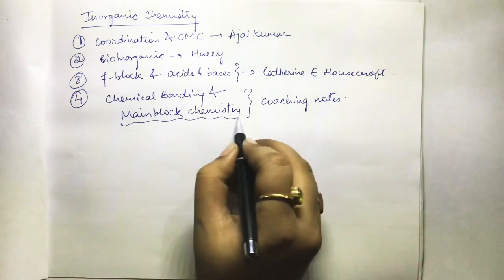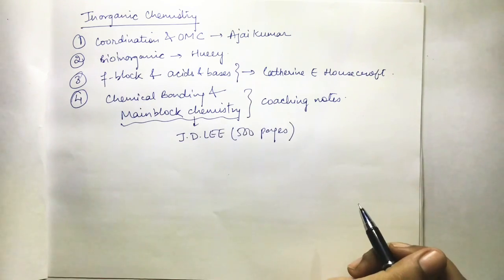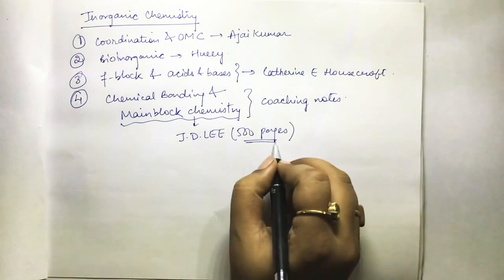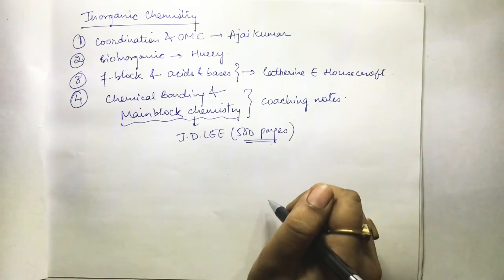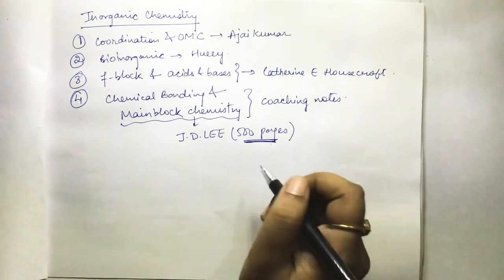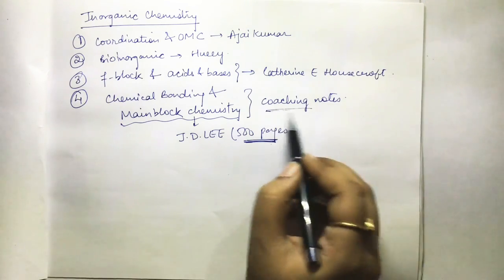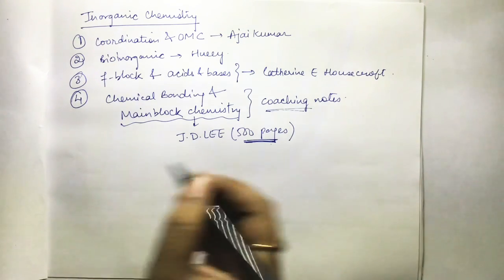Also for main block chemistry you can refer to J.D. Lee, but it will be like reading 500 pages only for main block chemistry, so it's too difficult to even remember these pages for your exam. So preferably you either make your own notes or you go for some coaching notes.